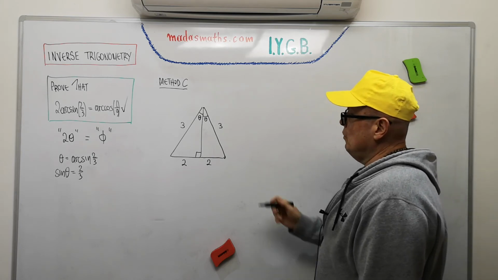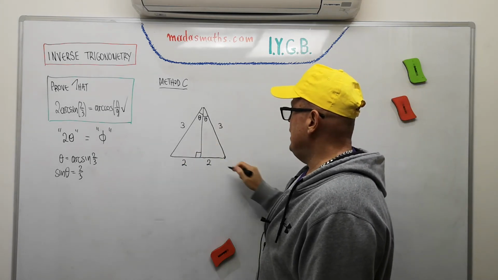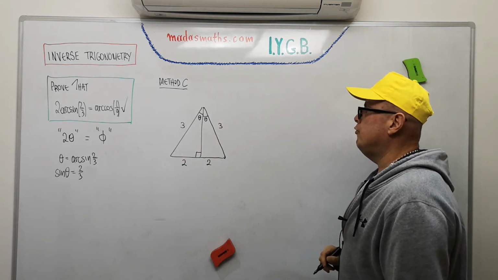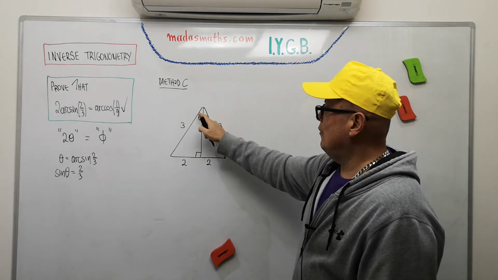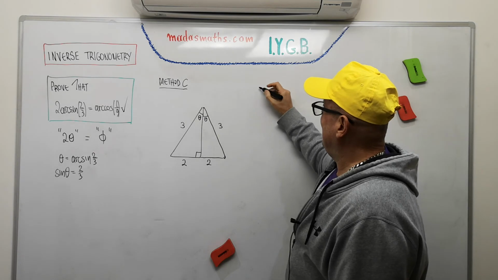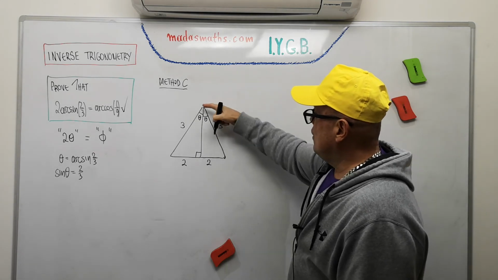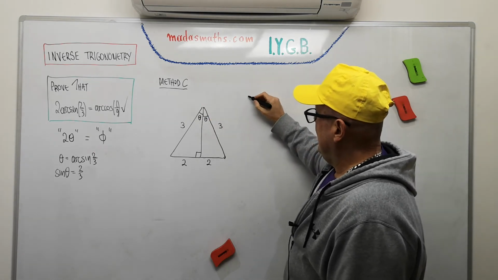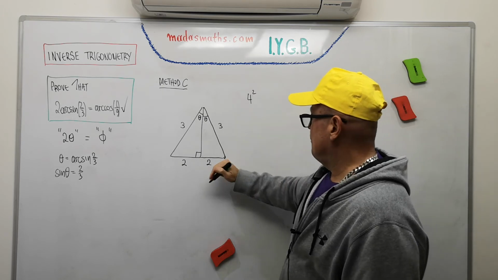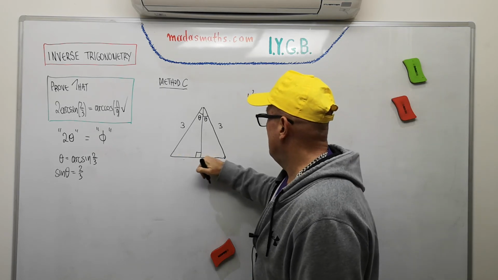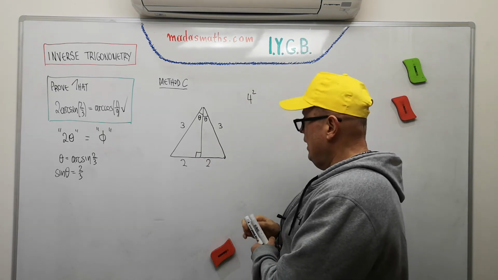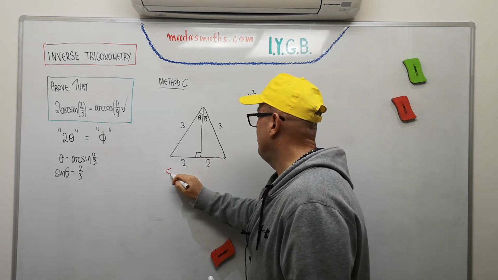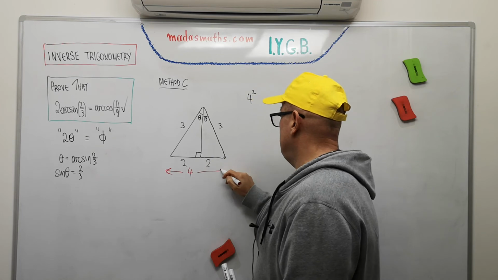Okay, so essentially I have 3, 3, and of course a 4. So let's use the cosine rule. If we look at the cosine rule now on this triangle, let me actually leave the 2's there and use a different color pen and put this as a 4. So that's now 4 here.